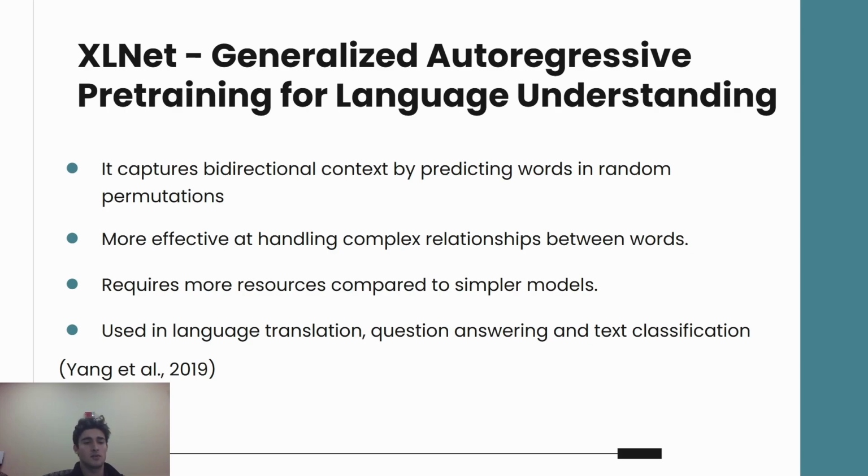And this model is used in language translation, question answering, and text classification, as we're doing in our bias detection models. It's a really good model, and that's why we chose to use it.